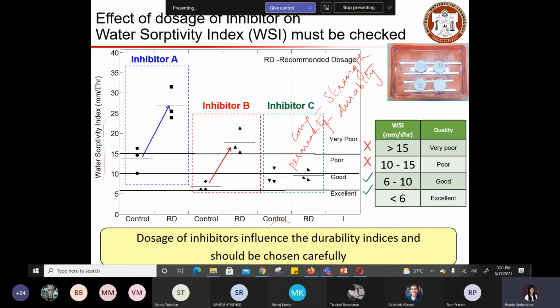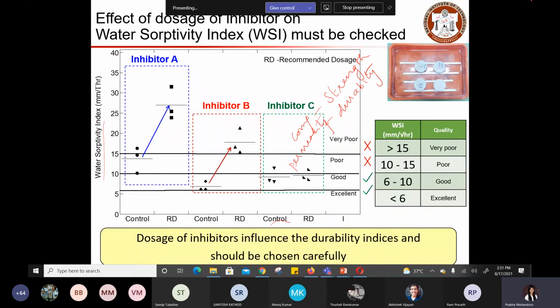So when you have a more permeable structure, your water sorptivity index is going to be higher. Here you can see three types of inhibitors were used: inhibitor A, B, C. When you have inhibitor A, the water sorptivity index is too high. You can see the dosage level. When you have the control and when you have the recommended dosage, the water sorptivity index is increasing.